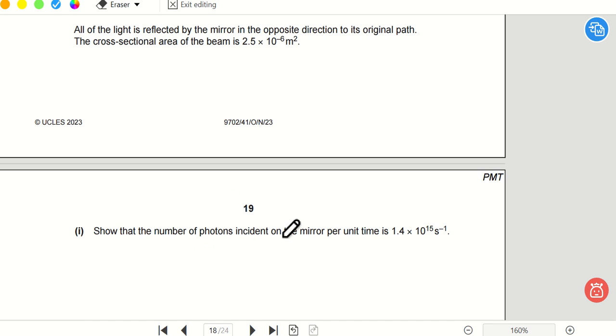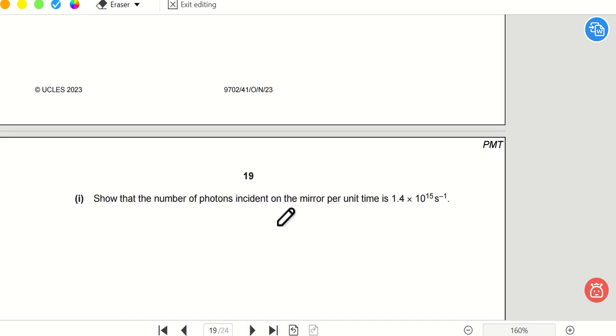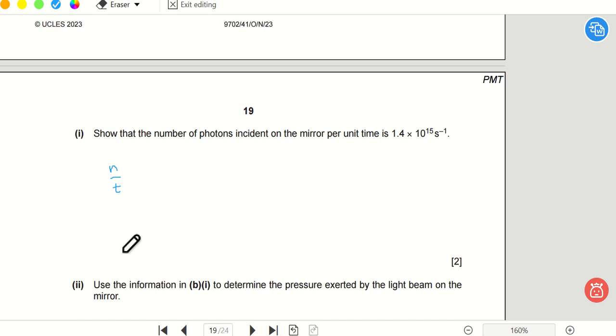What is the number of photons per unit time? It's N over t. And how can we get N over t? We know that power is number of photons times energy of photon over t. This gives the total energy, and total energy divided by time is equal to power.